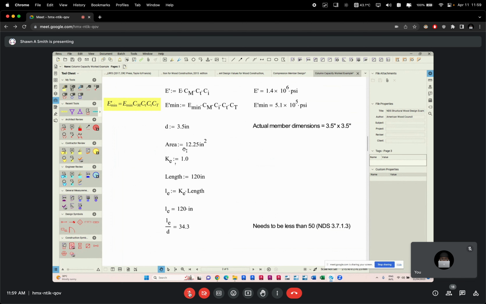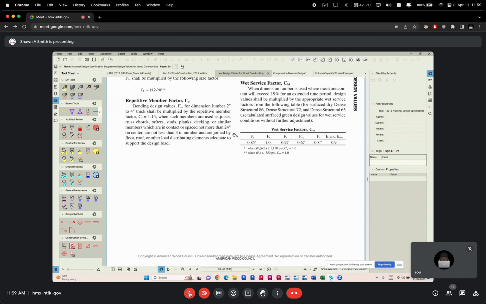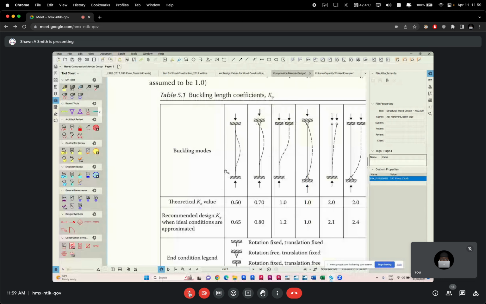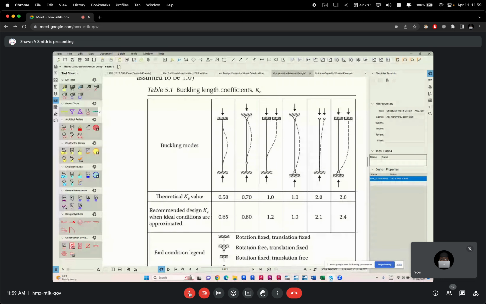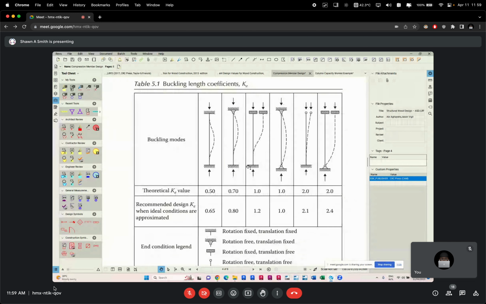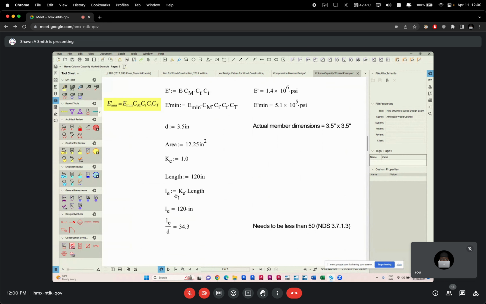KE, class, is the buckling factor or the effective length factor. Let me find it again. KE, buckling length coefficient. All right. Because we're in a pin scenario, both the theoretical value and the recommended value are equal to 1. All right. And that is why that one quickly jumps out from them.